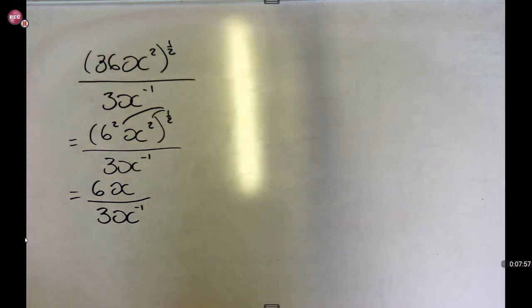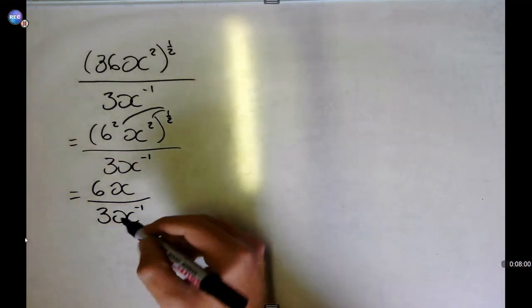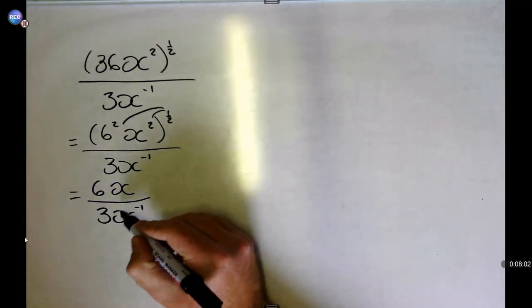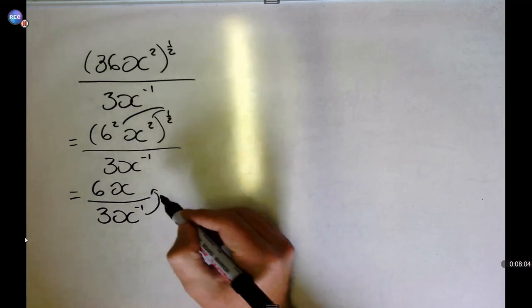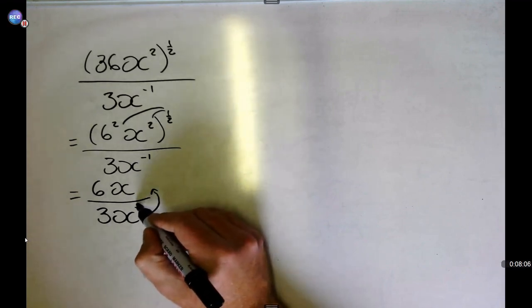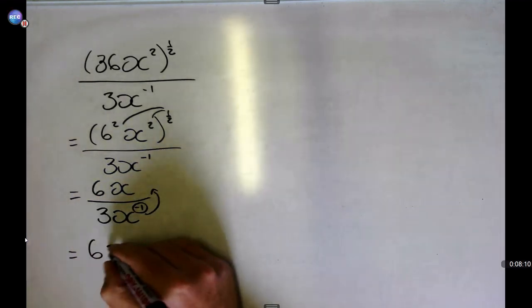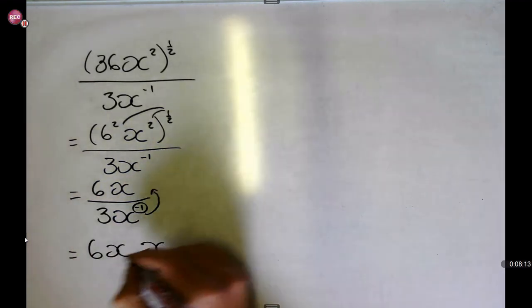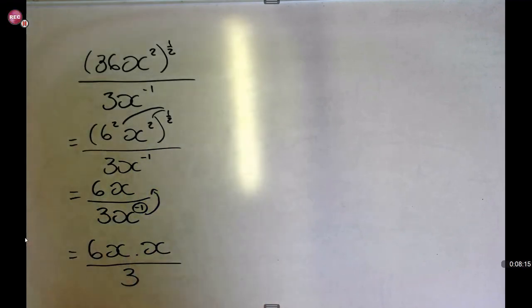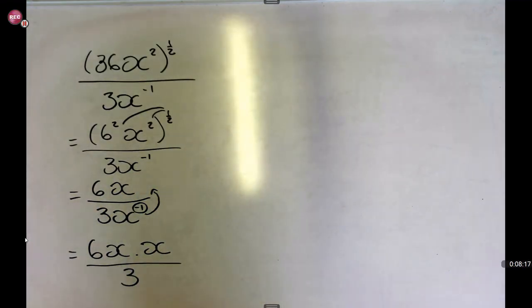Okay. With that, the x over here, that is negative, you need to take up to the numerator in order to make sure that this becomes positive. So what we'll have then is 6x times x, and then at the bottom you'll just have the 3 that's over there. Okay?